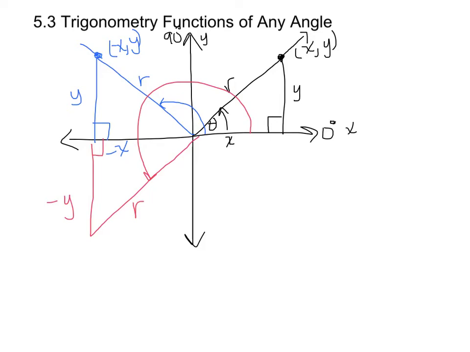If theta lies in quadrant 4, we'll go all the way around. Here's my right angle. Now here's r. And if you notice here, my x's are positive, and now my y values are negative. And then this will be my point right here, x, y.